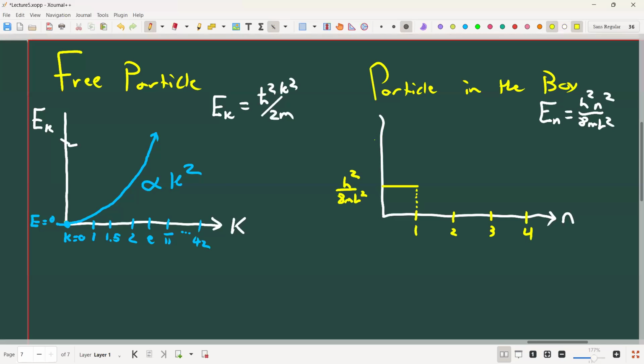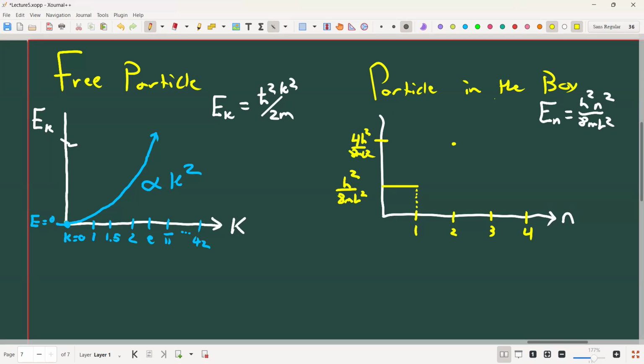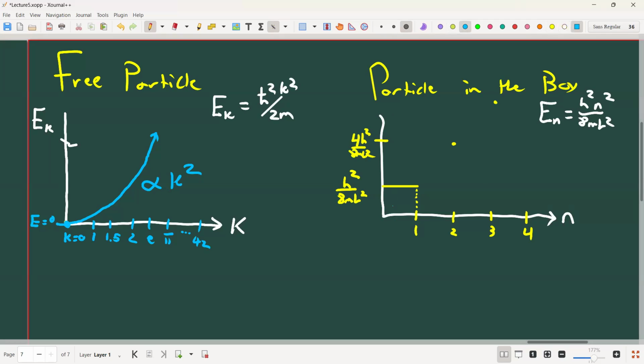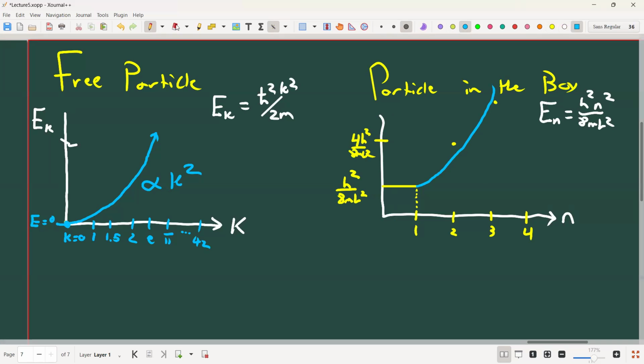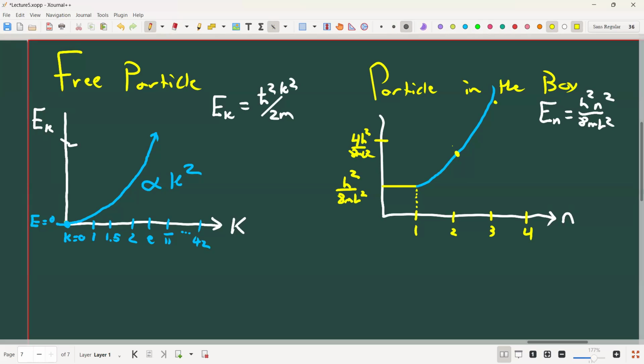n equals 2 is going to be at 4 times this, and so on and so forth. The next one's going to be up here. We could theoretically draw a parabola that connects all these points.